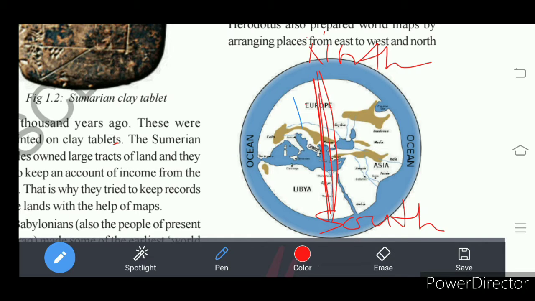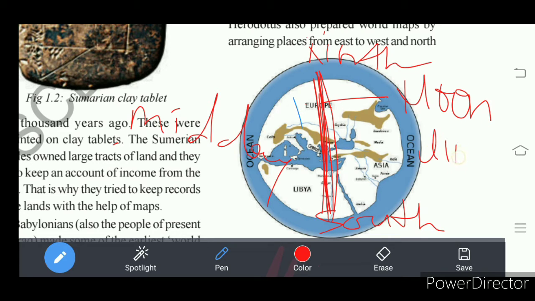This line joins the places from north to south where midday is at the same time, and they call it a noon line.